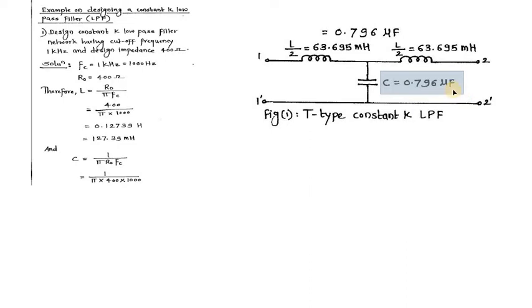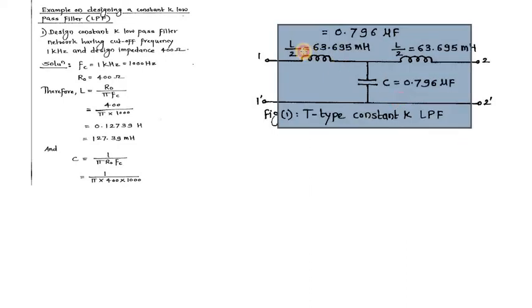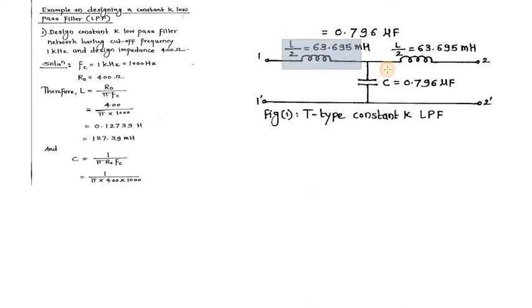Look at this. A low pass T symmetrical network consists of a series arm impedance involving two inductors and a shunt arm impedance involving a single capacitor.